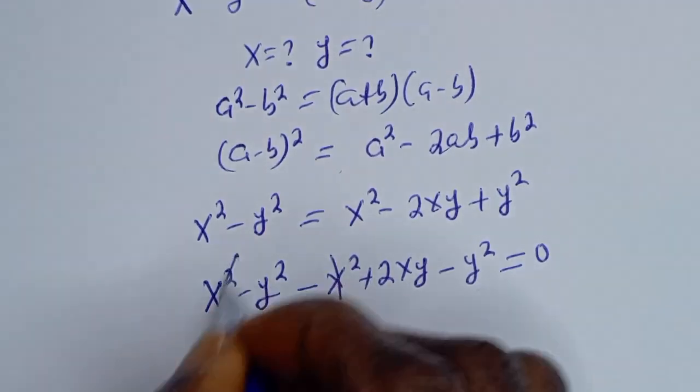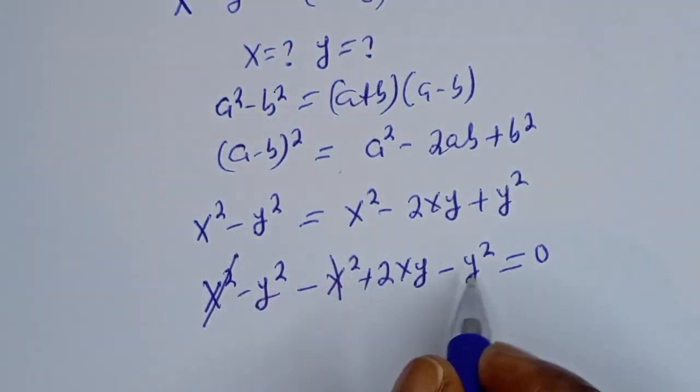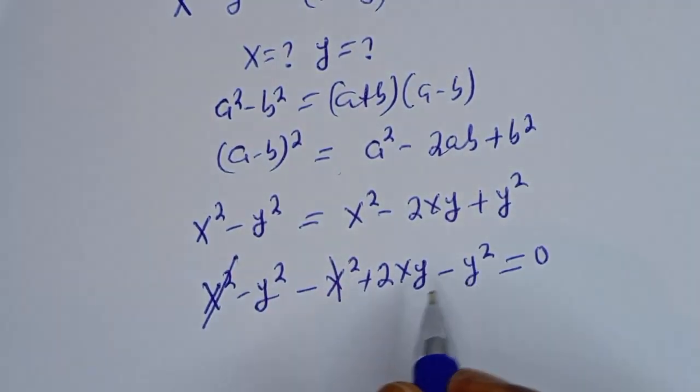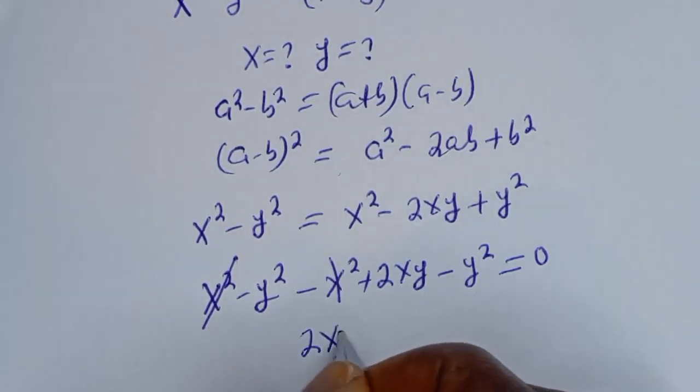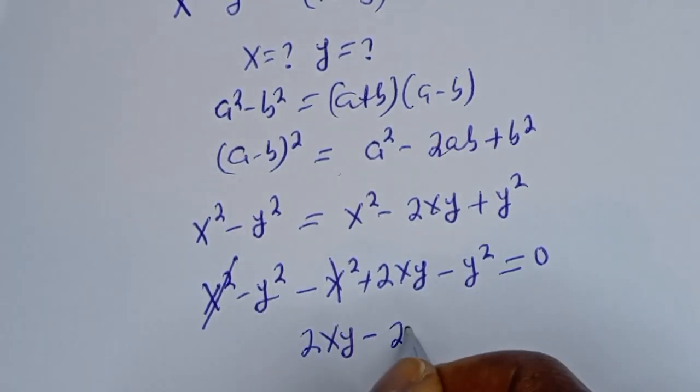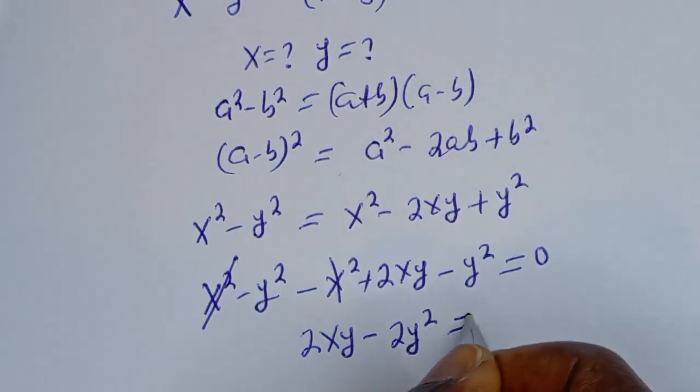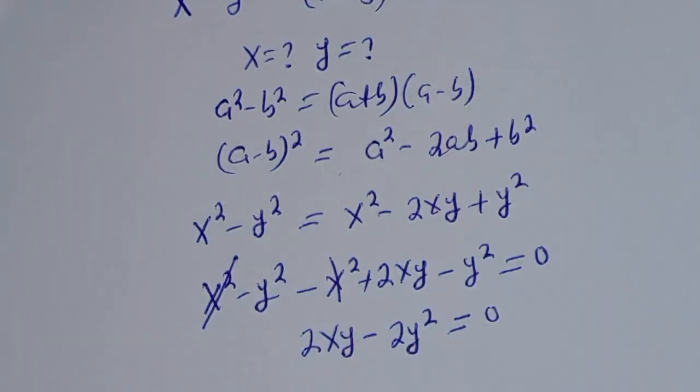Then this will cancel this. Minus y squared minus y squared, that is minus 2y squared. We have 2xy minus 2y squared is equal to 0.